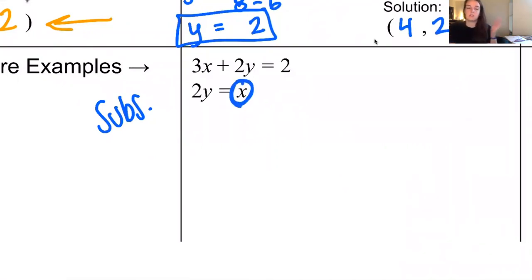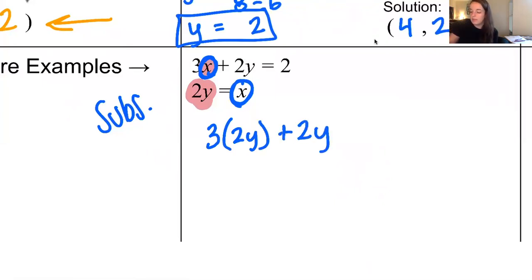So x is equal to 2y. So instead of writing this x here, I could actually write 2y in its place. So I could say, okay, this would be 3 times 2y plus 2y equals 2. I've written the same equation again, but I've substituted in 2y instead of x because x is equal to 2y.